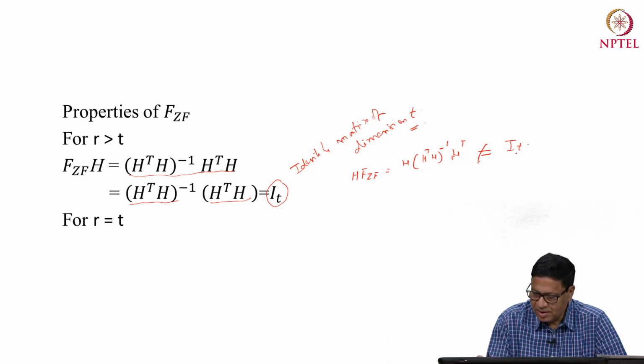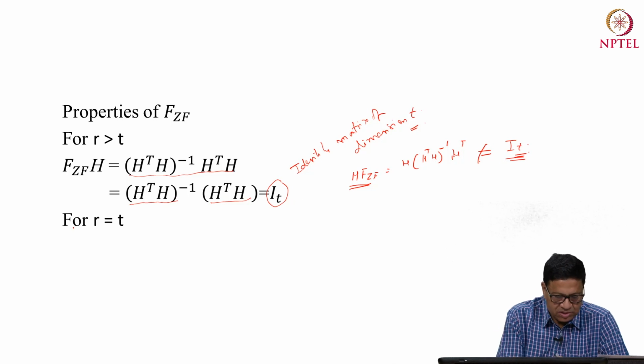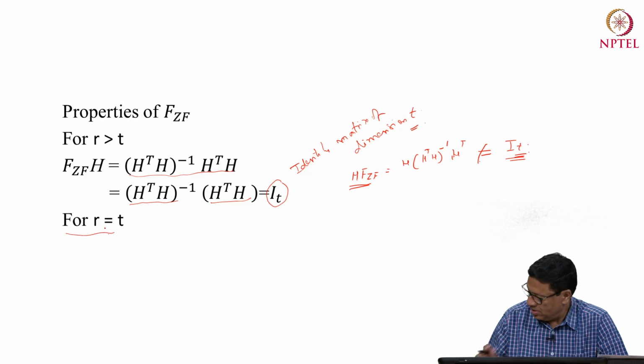So it is not actually an inverse matrix in that sense, it is a pseudo inverse, because if I multiply H by this F_ZF matrix, I don't get the identity matrix.